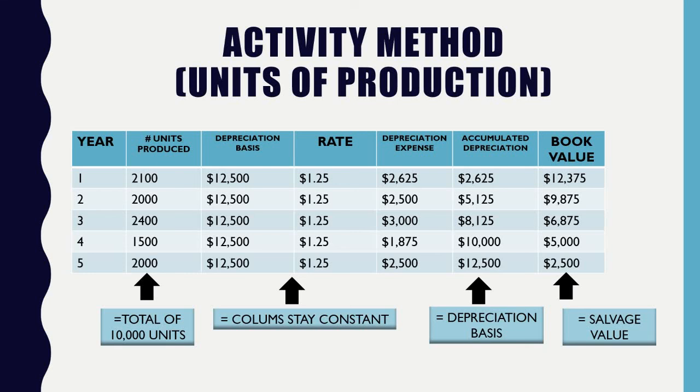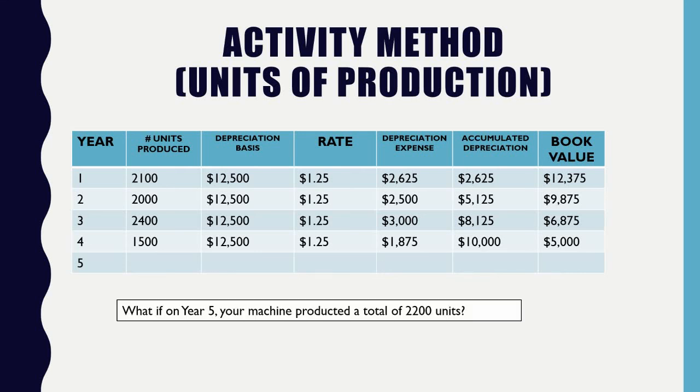Now, of course, in reality, when we look at this machine, what if I actually produced more? What if in my last year I ended up producing 200 more items? What happens here? What's my depreciation expense going to be? What is my accumulated depreciation?